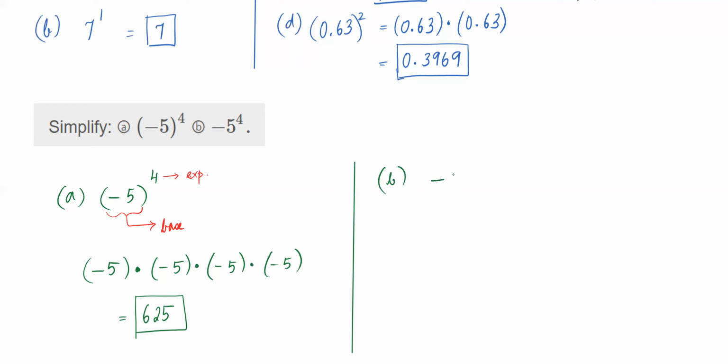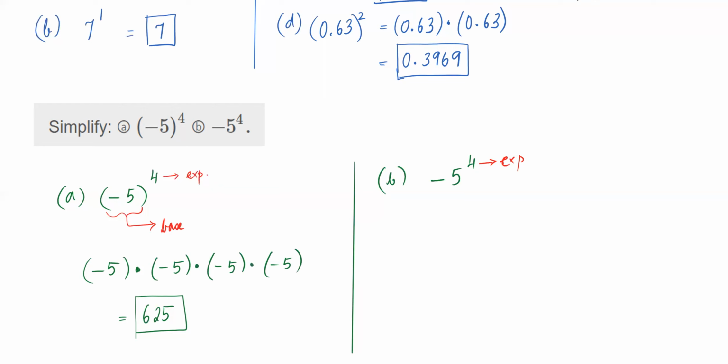All right, b is -5 power 4. Okay, so let's look at our exponent. The exponent is still 4, very clear. See what it's attached to. It is attached to the 5, right? Not the minus, just the 5, because there is no parentheses to group the minus with the 5. So you know that your base is just a 5.